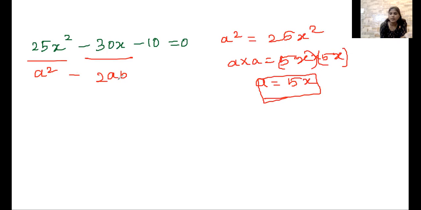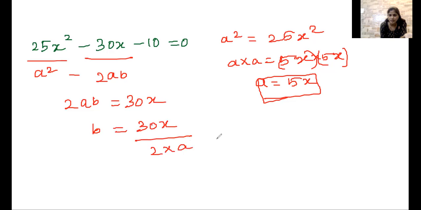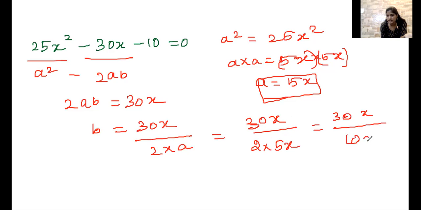Right? And I'm going to find the value of b from this 2ab. I'm going to equate the 30x to 2ab. So the value of b is going to be 30x upon 2a. And you know the value of a, just substitute it. So it's going to be 30x divided by 2 times 5x, which is 30x divided by 10x.